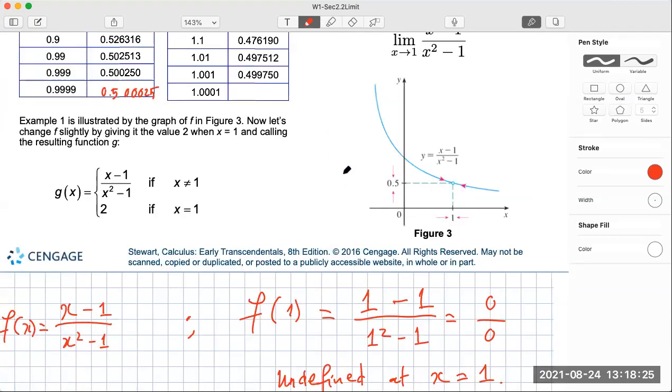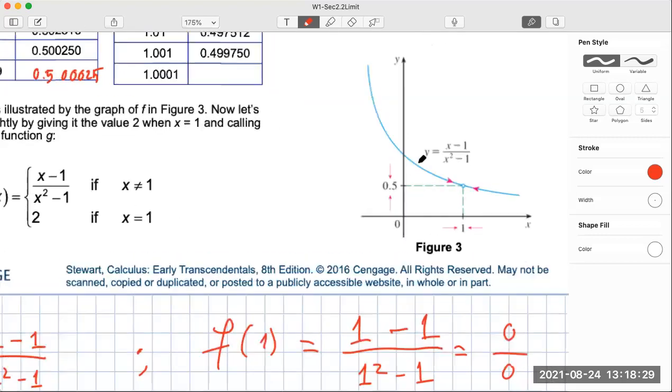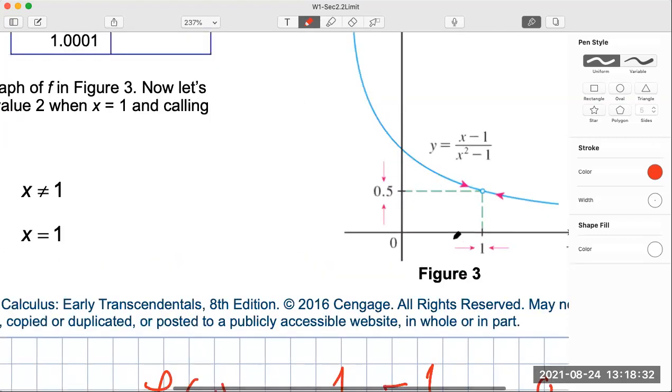If x comes from the left side of 1, then f of x will be coming up from here, right? And if x goes from the right side of 1, it will come down from here, right? In this direction.